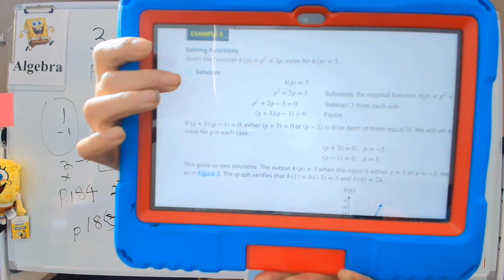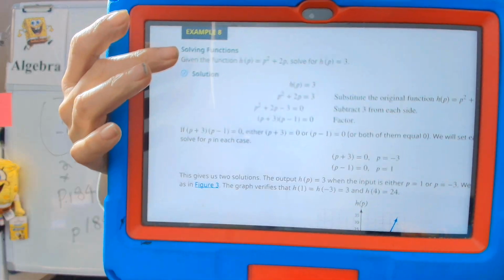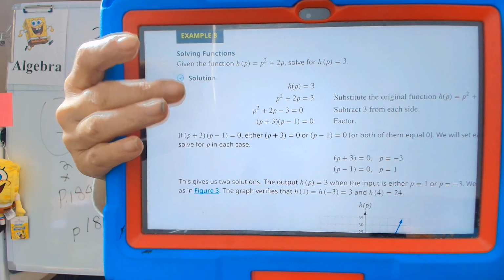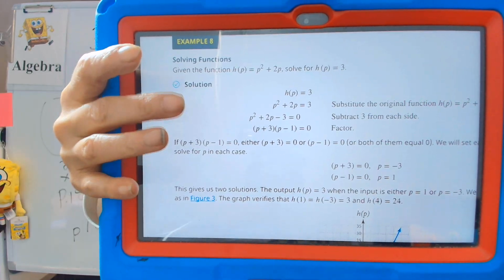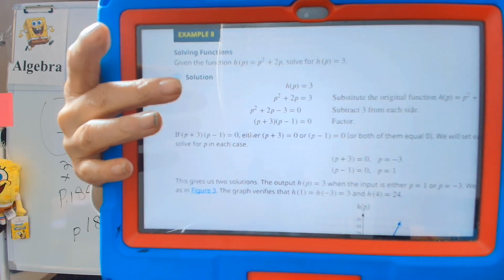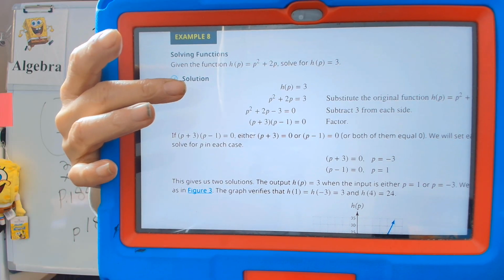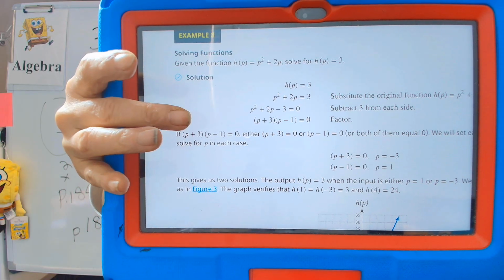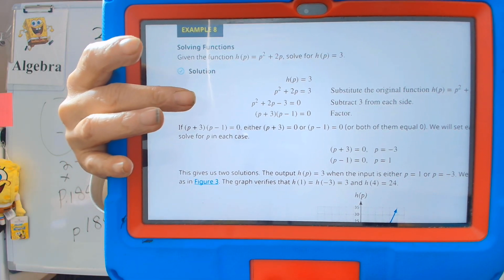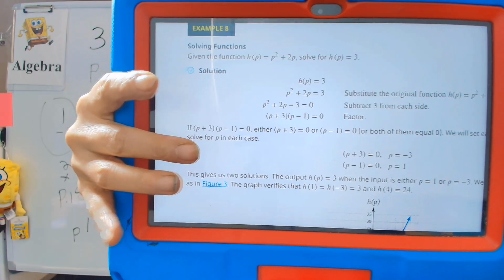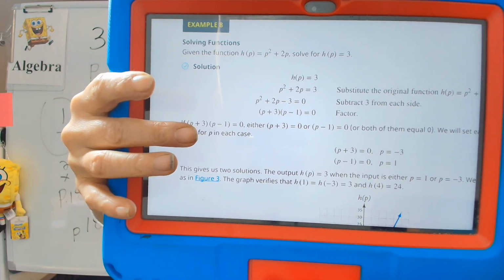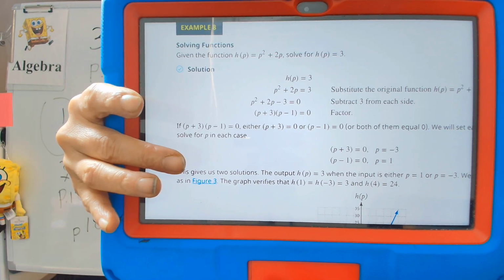And so if the function, which is p squared plus 2p, equals 3, then what might the p value be? Well, to do that, you will solve this equation, which is a quadratic equation, and we will pull those quadratic equation tricks. Now, the tricks will tell you something like it eventually equals minus 3 or 1.